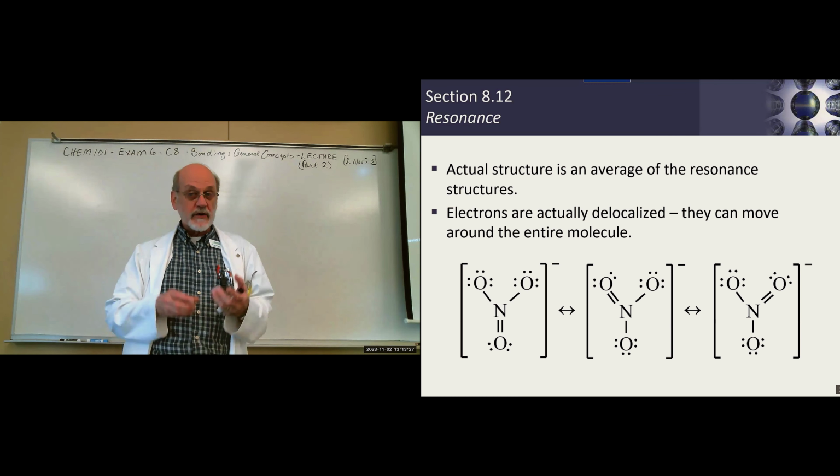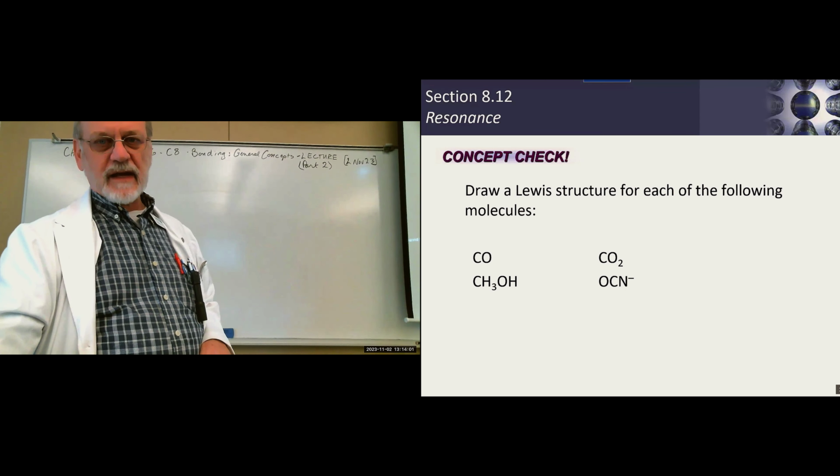And because the model says that we have to draw these bonds the way they are, this is the only way around it. This is the only way for us to show that this model has delocalized electrons, because each one of these structures is valid and we're resonating. All right.